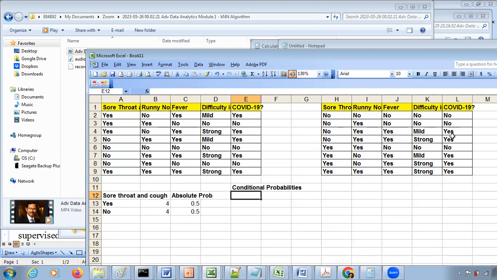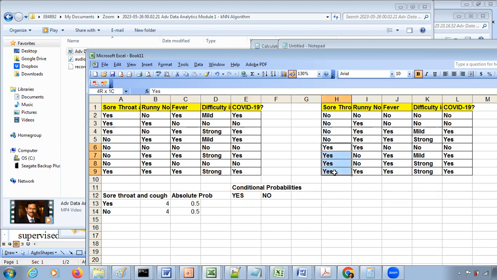So for that, we have to look at the class of the record. So the record again can be of either class yes or no. And so here, looking at sore throat being equal to yes, how many of the records have yes for the class?